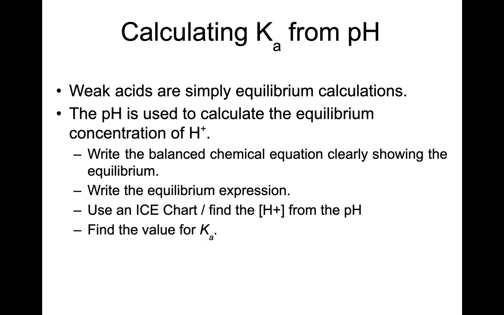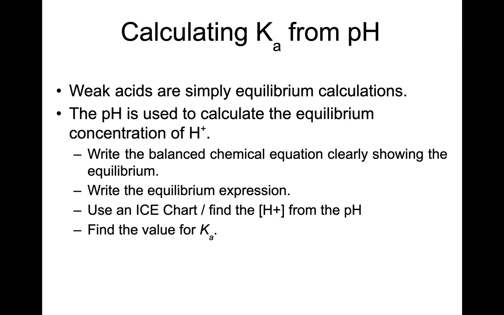Because again, we recognize that weak acids are just in equilibrium. They've got their dissociated ions existing in equilibrium with their undissociated compounds. And so we can use the normal equilibrium calculations that we know and love to figure out what their equilibrium concentrations are going to be.